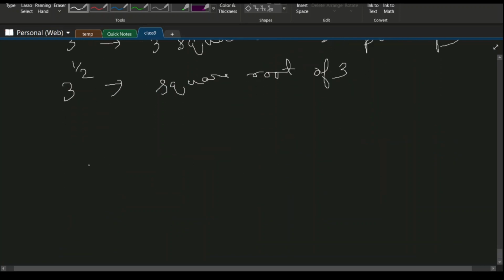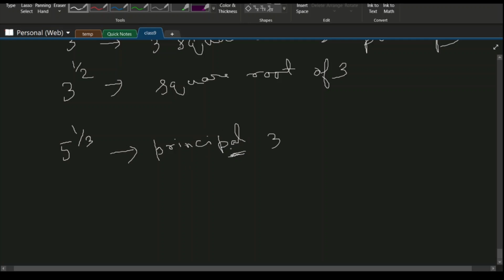So let's practice this first. How do we read this first, and then we'll see how it is defined. So 5 to the power 1 by 3. This is called, we'll start with the word principal. Principal is spelled PAL, not PLE. Sometimes we get confused about the spelling of principal here, whether it is PLE or PAL.